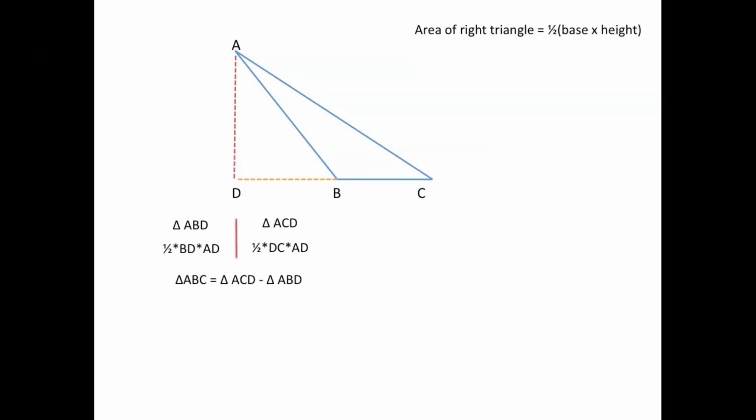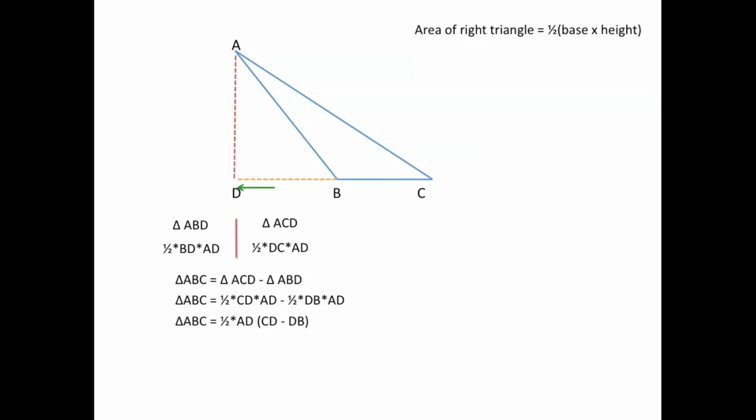And so the area of triangle ABC is going to be the area of triangle ACD minus the area of triangle ABD, which gives us half times CD times AD minus half times DB times AD. And if we factor out the half and the AD, then we end up with the area of triangle ABC to be half times AD times (CD minus BD).